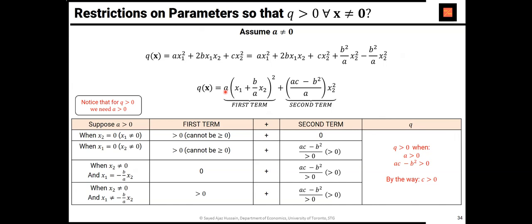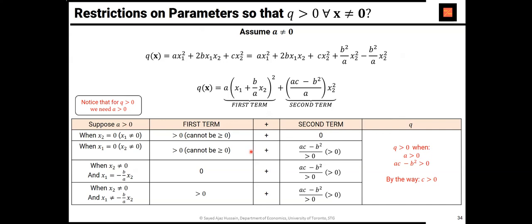We also know it can't be 0 from the previous slide, so it has to be positive. It doesn't guarantee that q will be positive, but if you want q to be positive, a being positive is a necessary condition. So going forward, we assume a is positive.